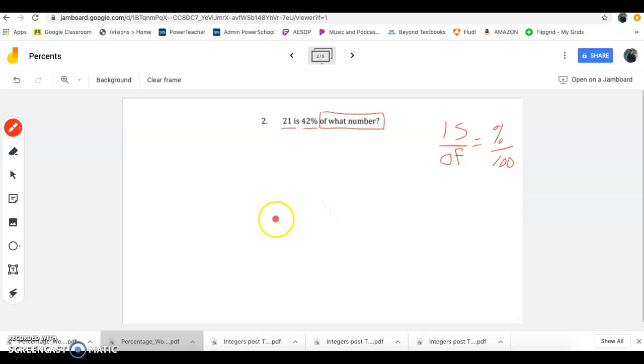I left my iPad and I didn't use that. It's a lot easier with the iPad. All right, so let's set it up. This time I have my is. So remember, is goes on top. I'm solving for my of, so I don't really know. I have my 42%, and all percents are based out of 100. So we'll start here, cross multiply, divide, bring back.